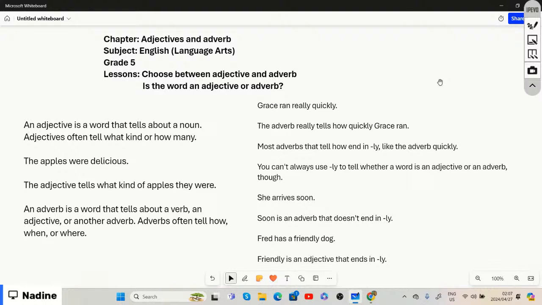All right. And if we look at an example, it says, the apples were delicious.